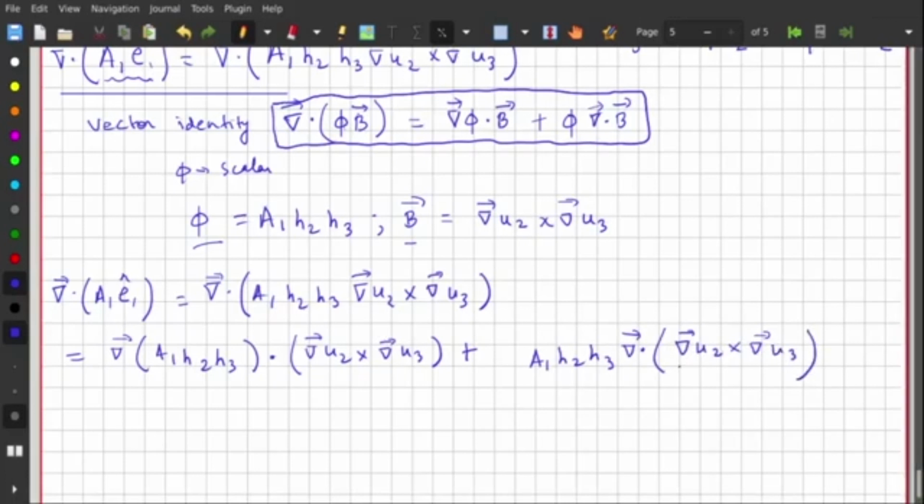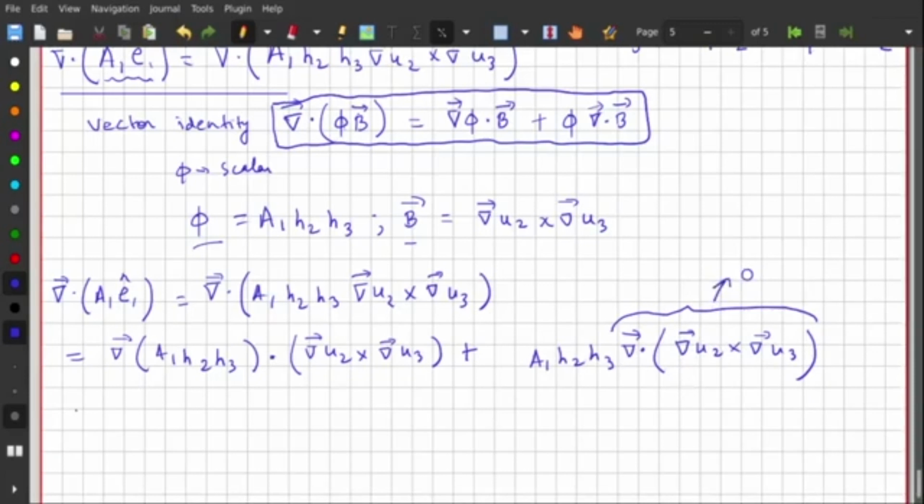Now this is like the divergence of curl of something. It's not strictly like that, but we can think about it in this direction, and we can show that this will be equal to 0.